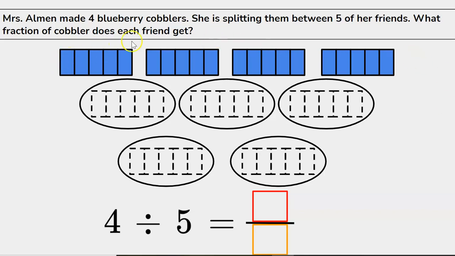So right here we can see 1, 2, 3, 4 cobblers. Because Mrs. Almond is splitting them between 5 friends, I have 1, 2, 3, 4, 5 ovals. And you can see that I have already taken her cobblers and cut them into fifths because she's splitting them between 5 friends, and we want her friends to have an equal amount.